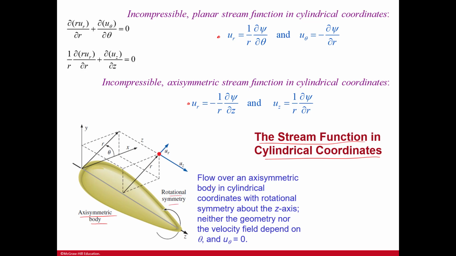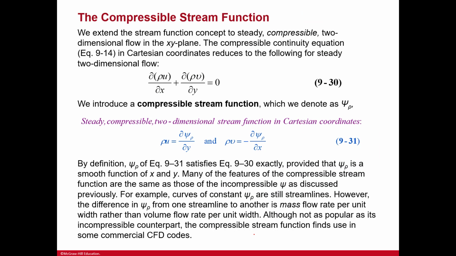So this is flow over an axisymmetric body in cylindrical coordinates with rotational symmetry about the x or z axis. Neither the geometry nor the velocity field depend on theta, and thus u_theta is equal to 0 because it's just not at play.